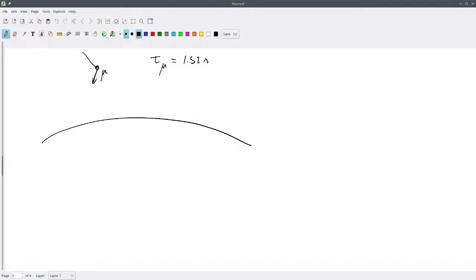Now, if this muon is created here in the upper layers of the atmosphere with a low velocity, that would mean it will decay fairly high up in the atmosphere, and it will never be reaching the observers at the surface of the Earth here. Now, this is a beta that's close to 0.